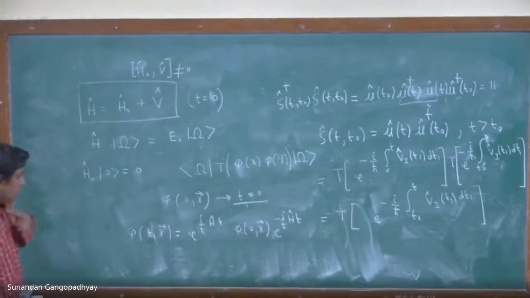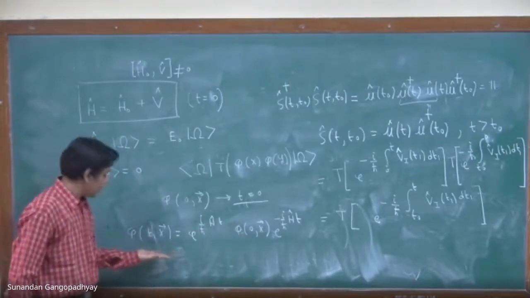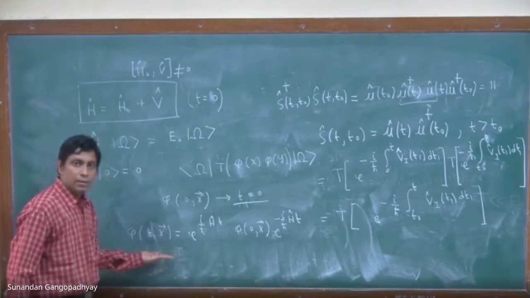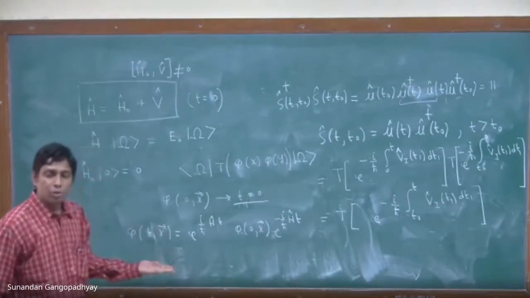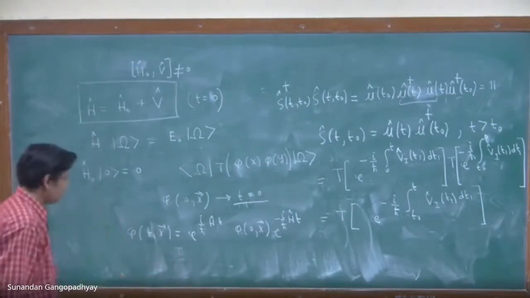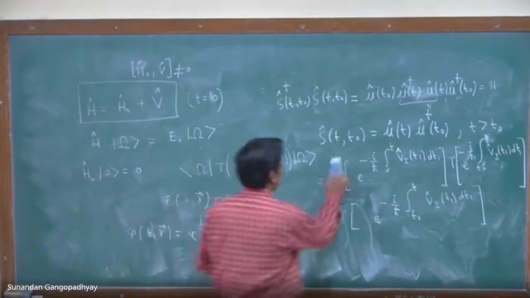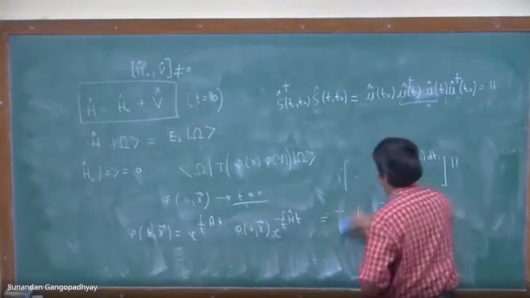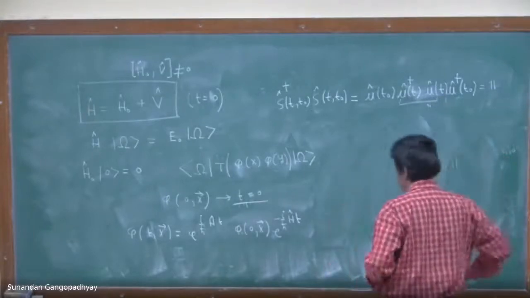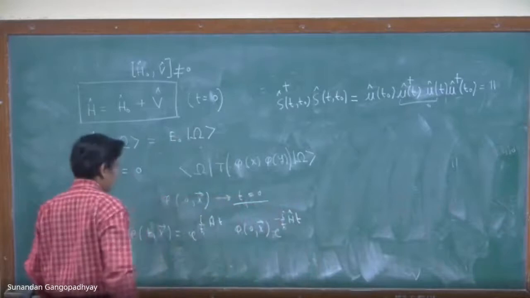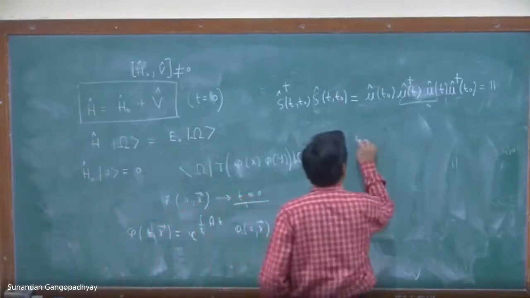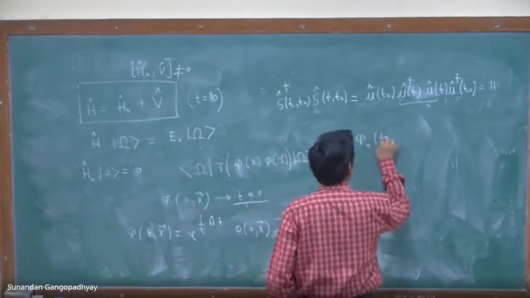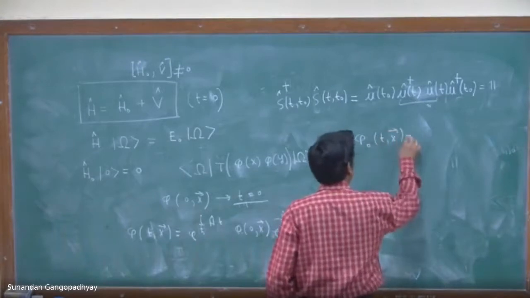And what will be the equation of motion for this field operator? It will be the standard Heisenberg equation of motion for the operators. Now let us see. Let us define this operator phi 0 t comma x vector in this way.